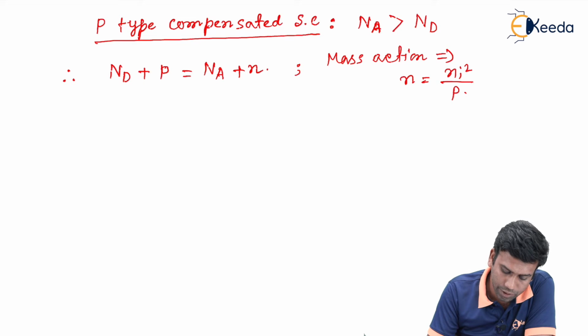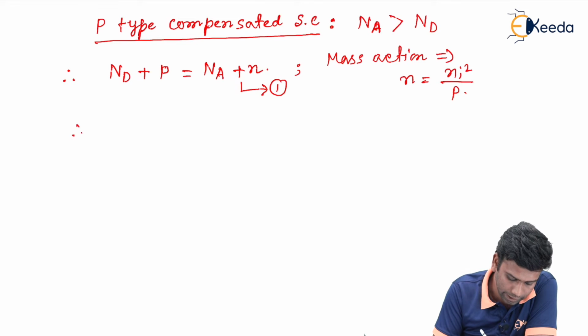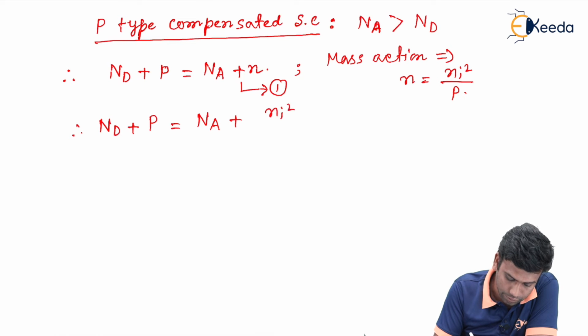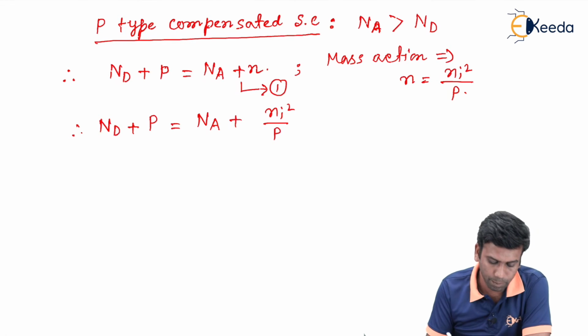Now if we substitute this n value in equation number 1, then we can get Nd plus p is equal to Na plus ni square divided by p.